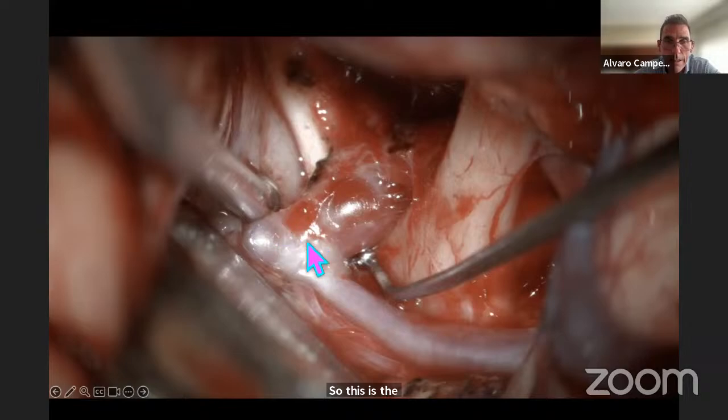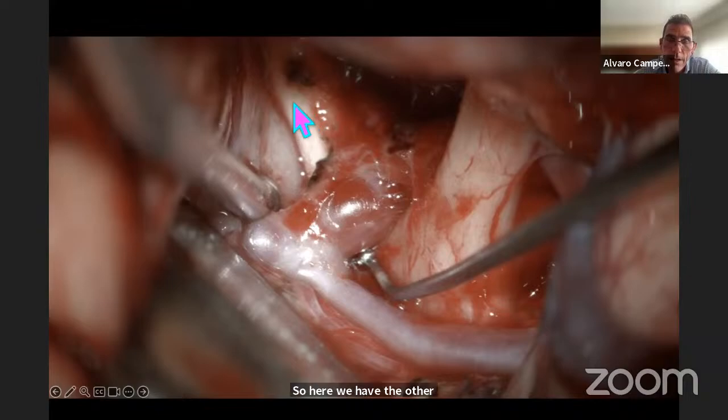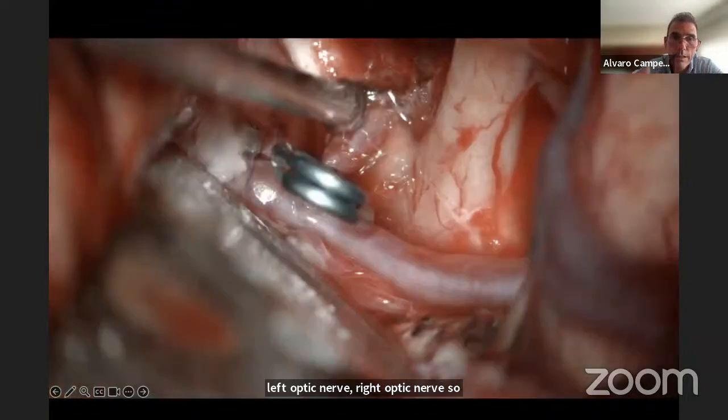Here we have the ACom, and here we are not seeing the A2 because we don't need to; we just have to put a clip here. We don't have any perforating arteries here. Here we have the other A1, left optic nerve, right optic nerve. So here we go and put the clip.